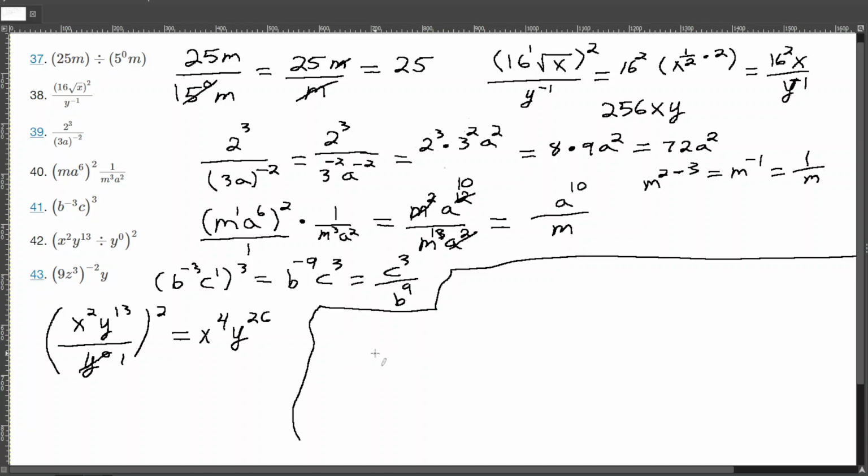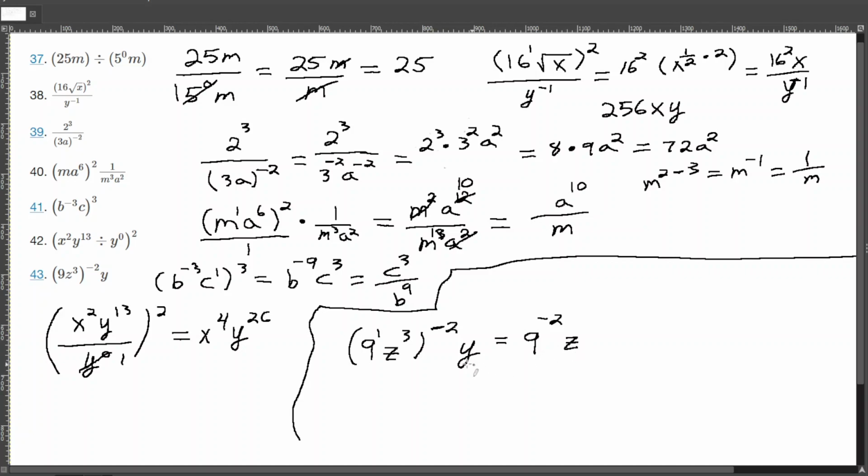So for this one, we have 9z to the third, everything to the negative 2, this whole term to the negative 2, times y. So now it's the power of a power rule again. It's 9 to the first times negative 2, so we end up with 9 to the negative 2.